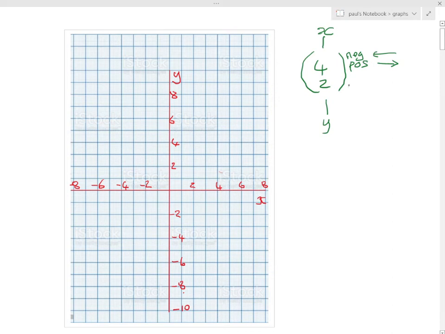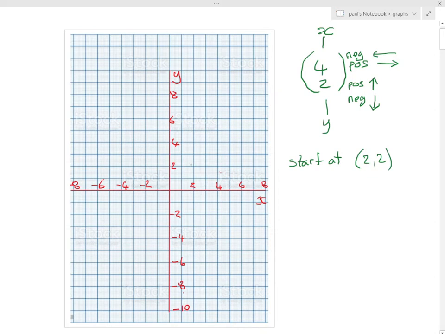And the y, if it's a positive, we go up, and if it's a negative, we go down. So you've got 4 choices, yeah? The combination of these. So we can say, let's start at the coordinate of 2, 2.